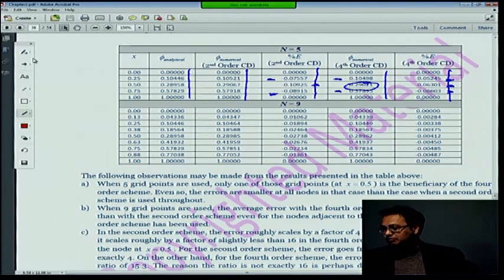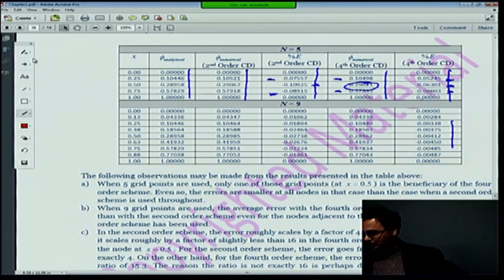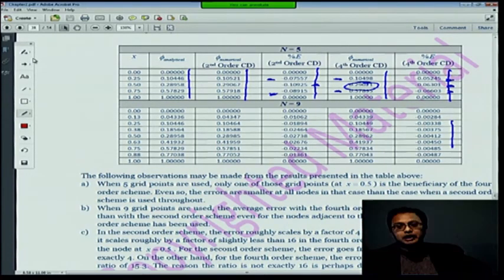Now by the time you get to 9 nodes, of course, a bigger core is actually using the fourth order approximation, and you see these results are almost an order more accurate than these. One extra 0 almost. So this is the effect of using higher order schemes.